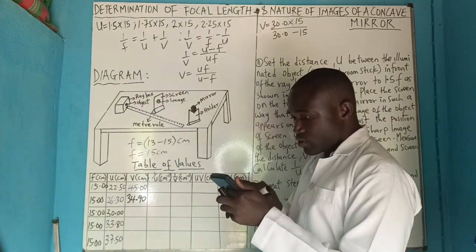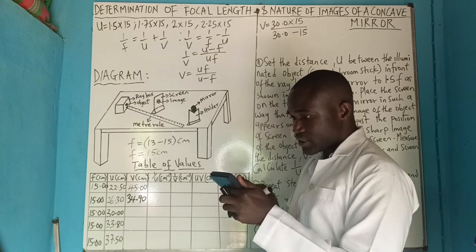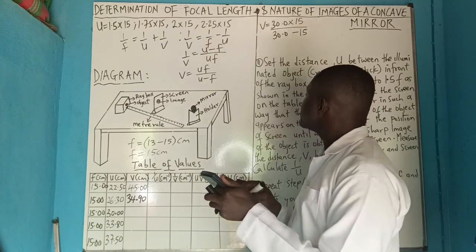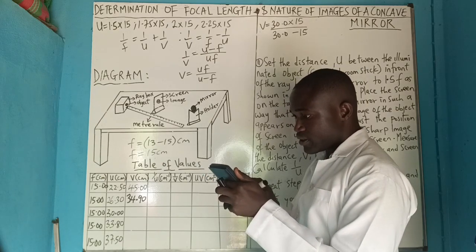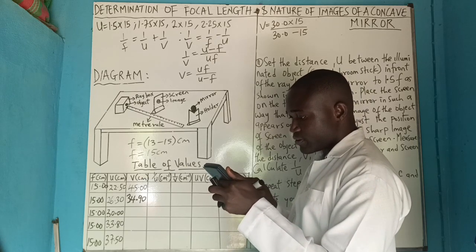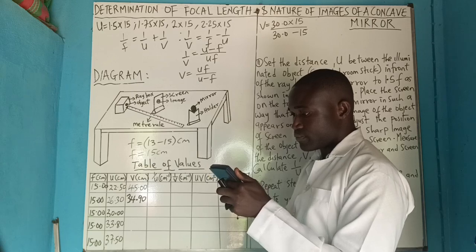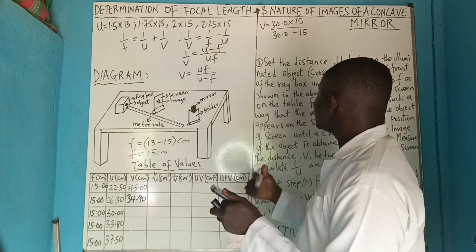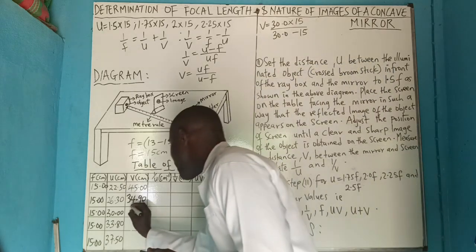We now have it to be 30 times 15 divided by bracket 30 minus 15. We'll be having 30. So when it is 30, we have 30.